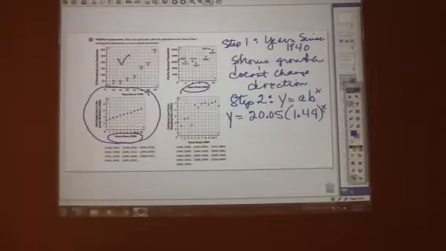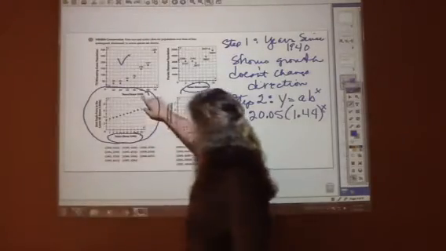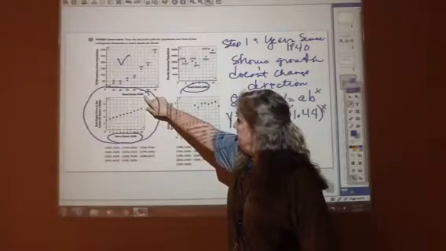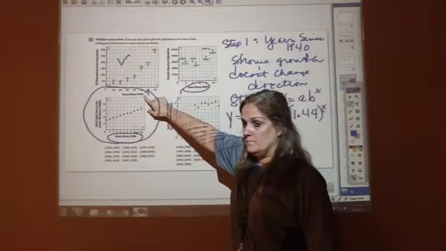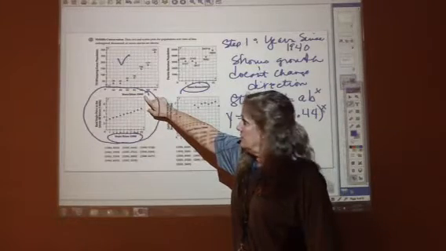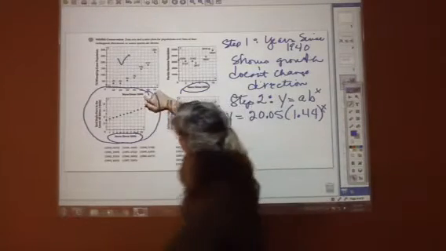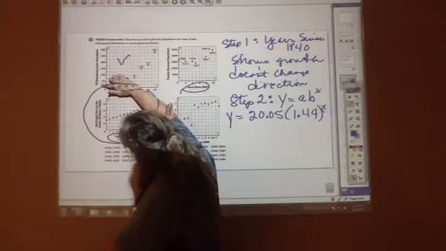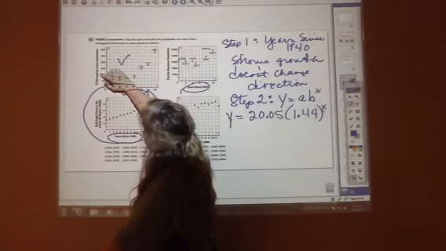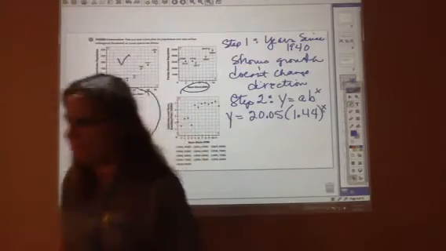It says give the model, which we did. Define the variables. What does x stand for? Years since 1940. What does the y stand for? Texas whooping crane population.